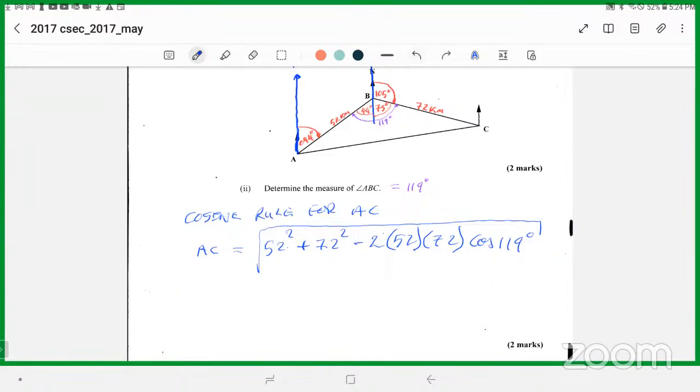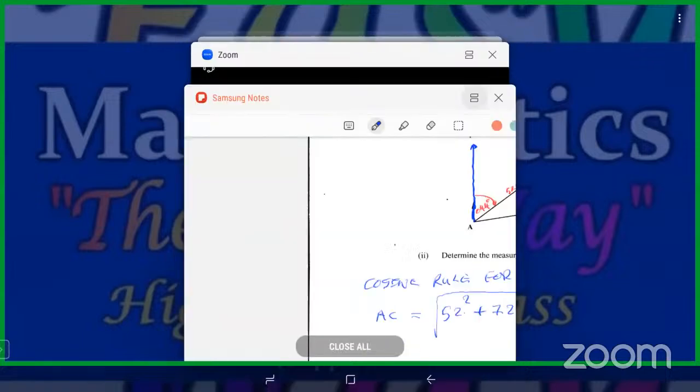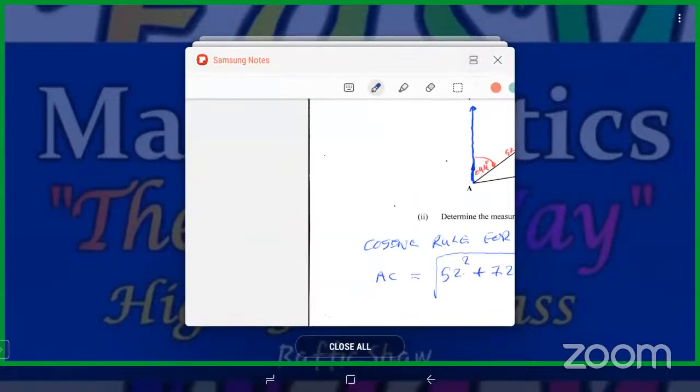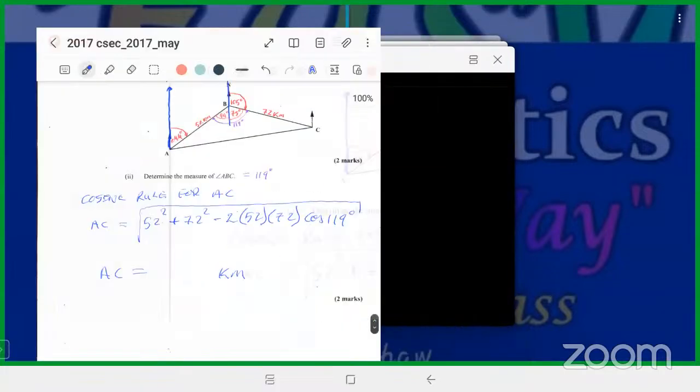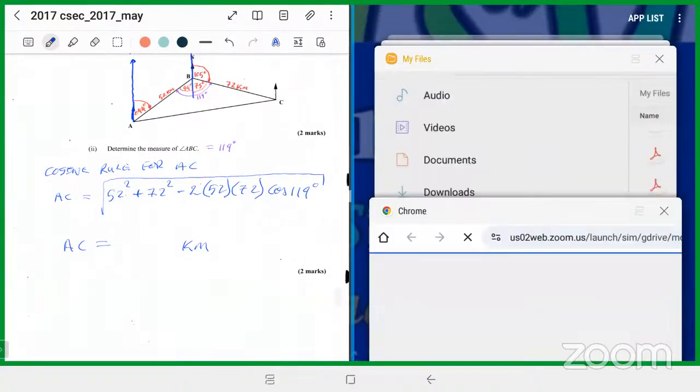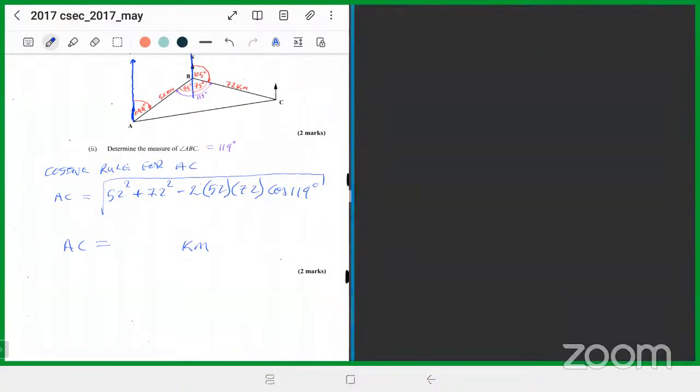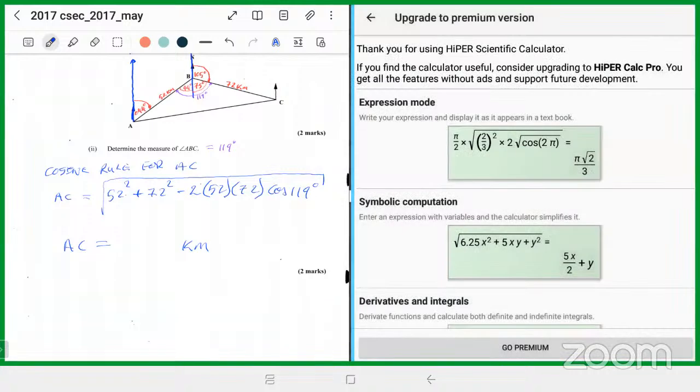It's just a matter of plugging this in the calculator, and that would give us AC in kilometers. Let me bring up the calculator and see what it is. Here it is. All right, so I'm going to put that in the calculator now.